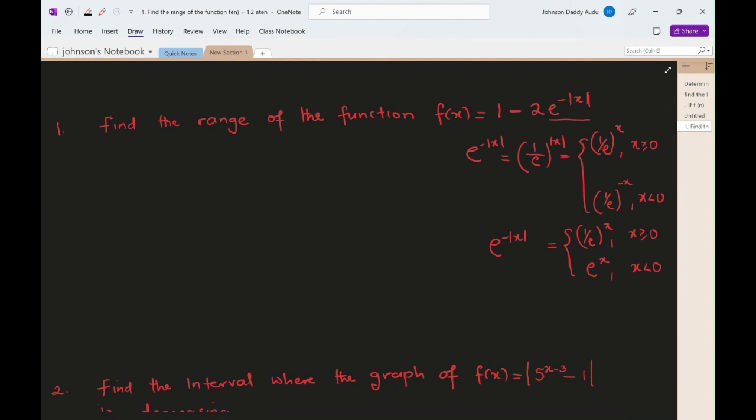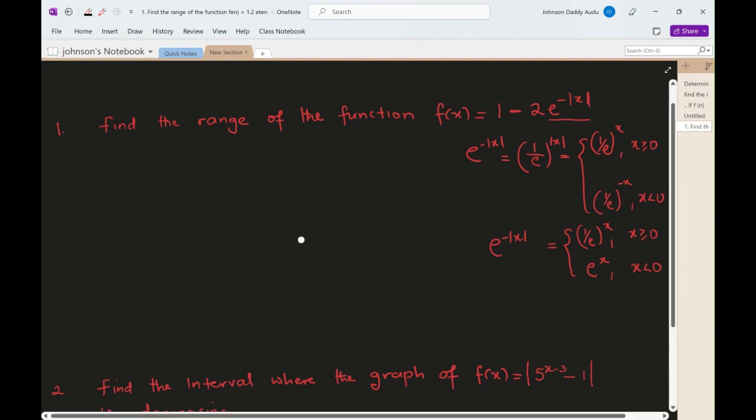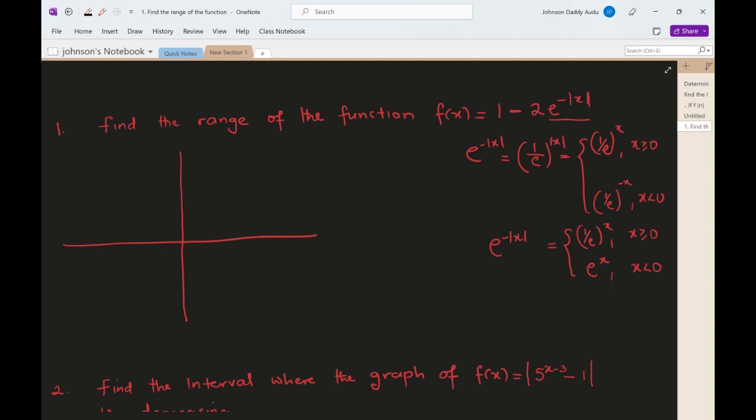So to graph, we can start by saying, okay, let's start with the original function here. Now, what is this function? This is 1 over e to the power x. Don't forget, 1 over e is going to be between 0 and 1, because we know that e is 2 point something, 2.7.